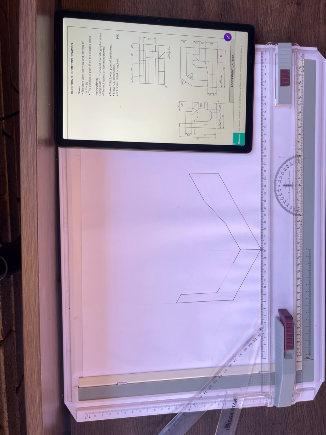We measure 10 and also come this side and measure 10. Then we have to go down 15 millimeters. If they didn't give us all these measurements, we're not gonna do it like this. So take it down 15.